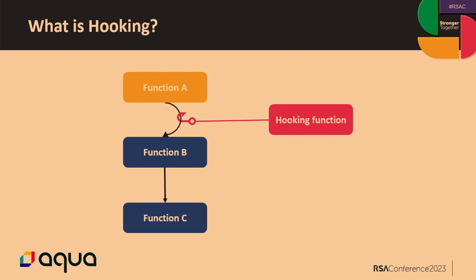We're able to run our code in the hooking function, as well as know what function called the second function, and by that know what is going on in the machine. So this is hooking, and we have different tracing methods or tracing technologies which enable us to use hooking in order to know what's happening on the machine.